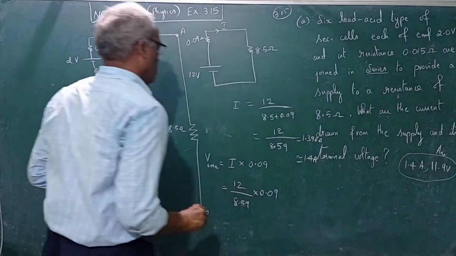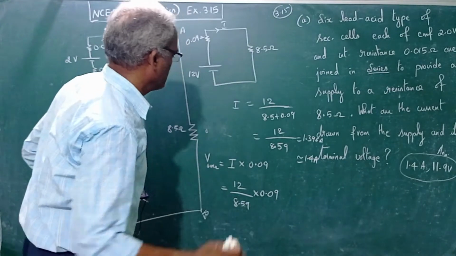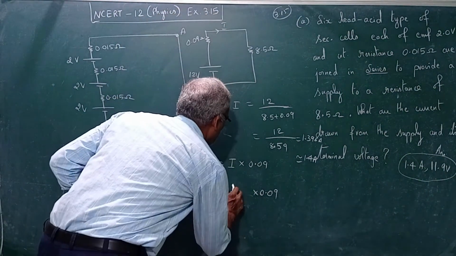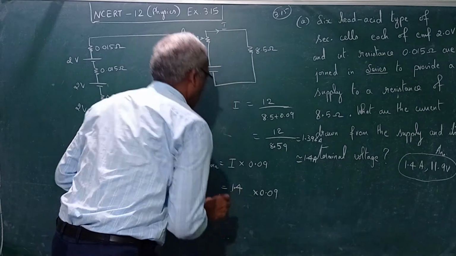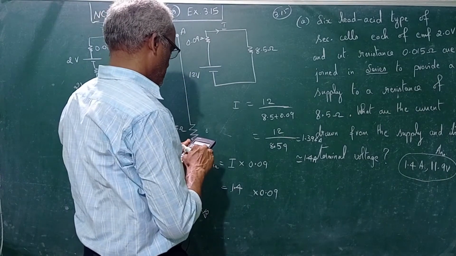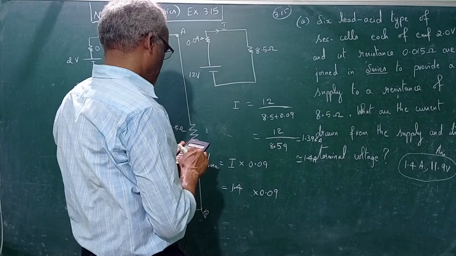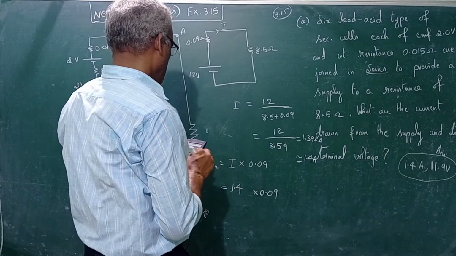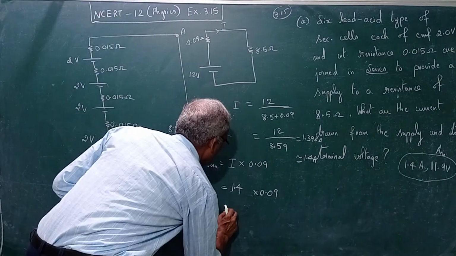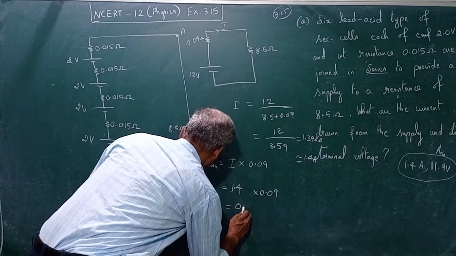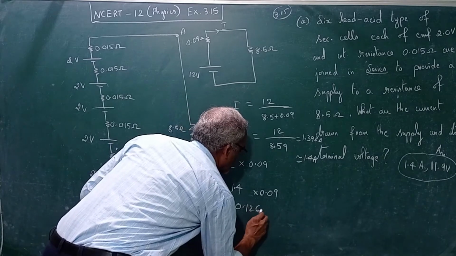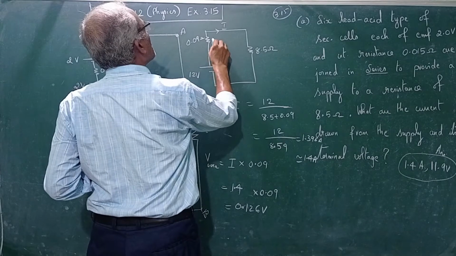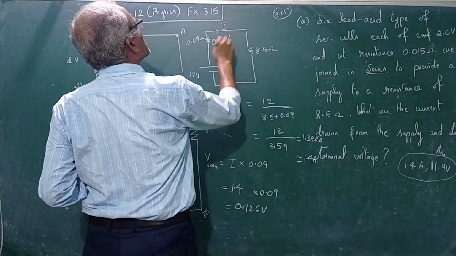So this will be 1.4. So 1.4 into 0.09 gives you 0.126 volts. That means the voltage drop here is 0.126 volts.